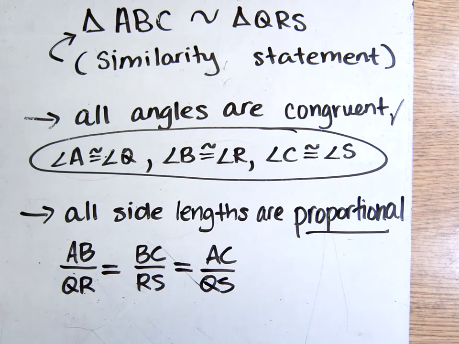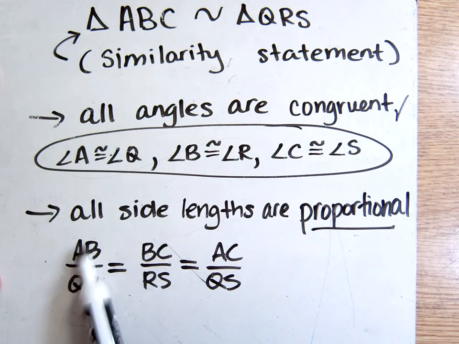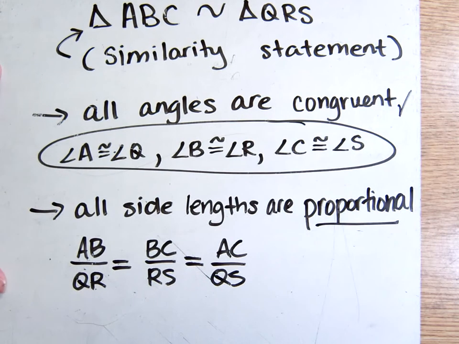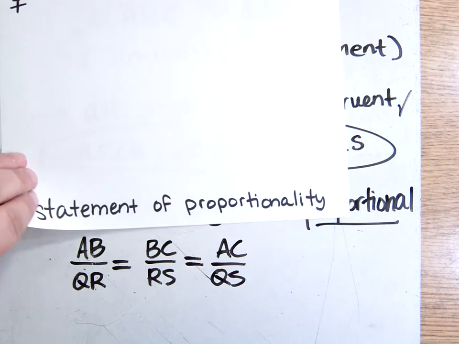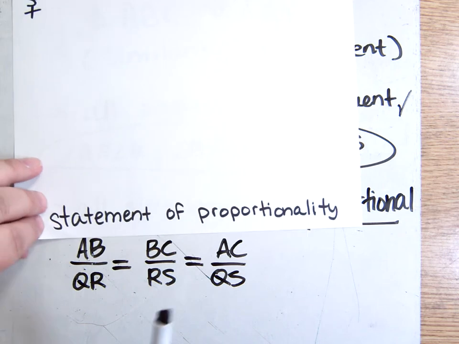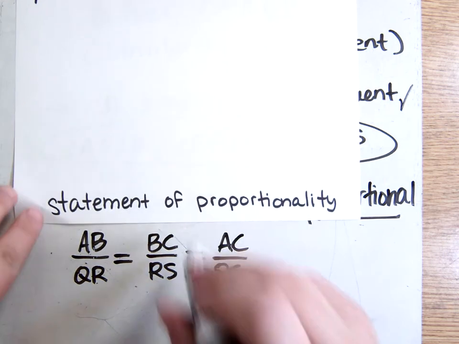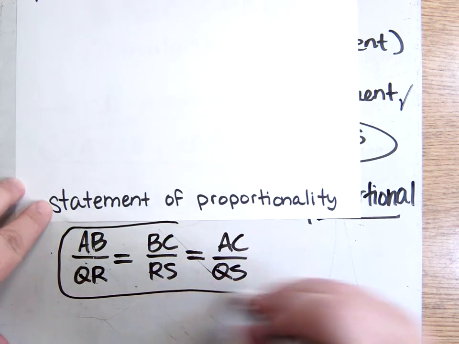Okay, so I put my proportional sides in a ratio and said these are proportional because proportion means you have ratios equal to one another. So this is called, and you need to know that, this is called a statement of proportionality. So if you're ever asked to do a statement of proportionality, this is what you are being asked for.